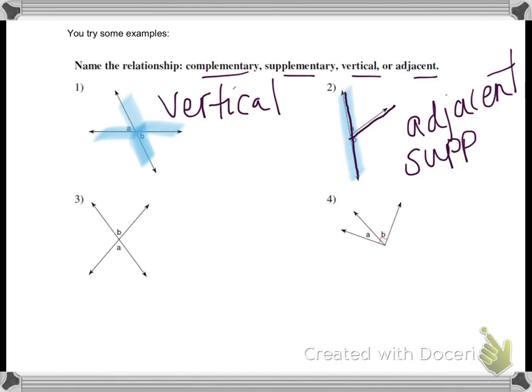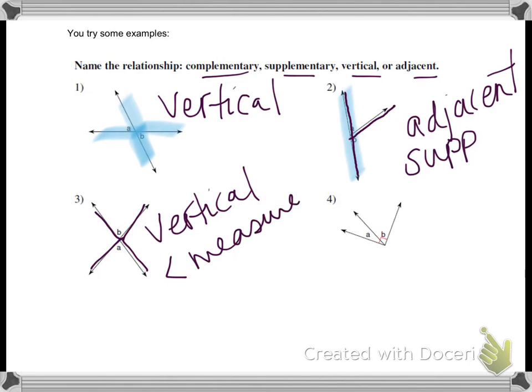So now let's look at number 3. V, which means they're vertical, and their angle measures are the same. Okay?